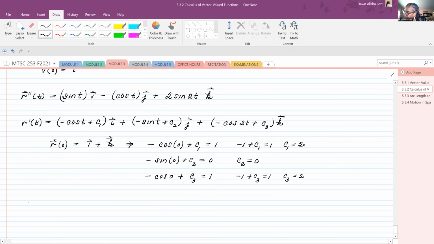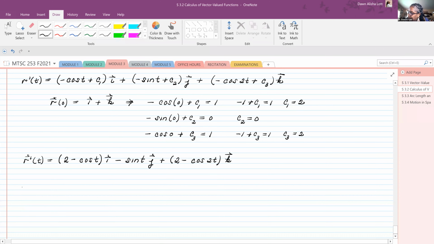So now I get R prime of t is equal to 2 minus the cosine of t i, minus the sine of t j, plus 2 minus the cosine of 2t. Okay. We got to integrate one more time.